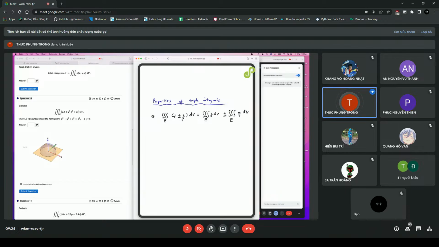You can see in calculus 1, we didn't have that either. So only for sum or difference. Anyway, maybe one more property, and then we go to our question.